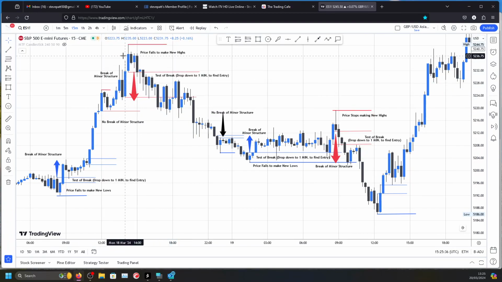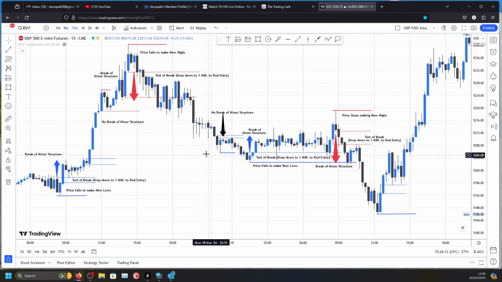You see, and then price moved up to this level, and we get a failure to make further highs here. And then price goes on and breaks below this candle, and even breaks below the next candle. And then again, we want to drop down to a 1 minute chart to look for entries around here. So we'll do that in a minute as well.